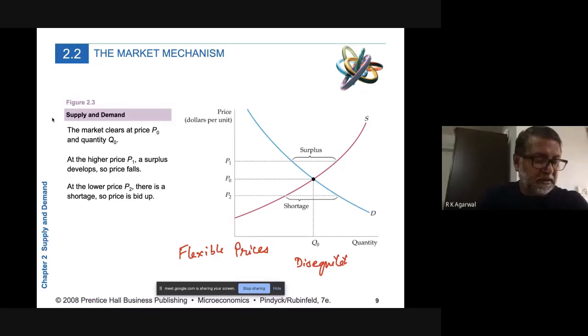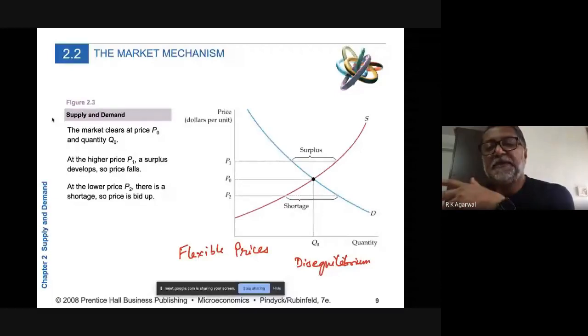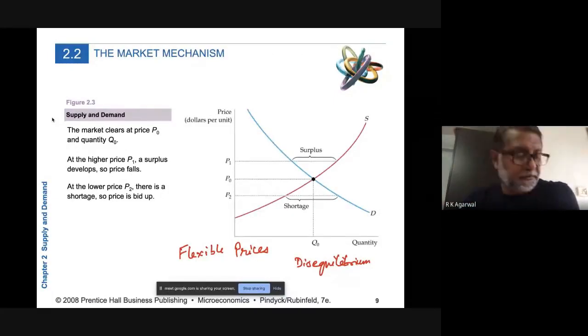That is, what if P1 cannot fall to P0? What if P2 cannot go up to P0? In that case, surplus will remain surplus, shortage will remain shortage. So that is the point.